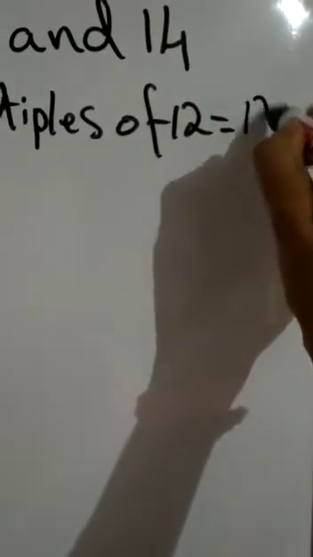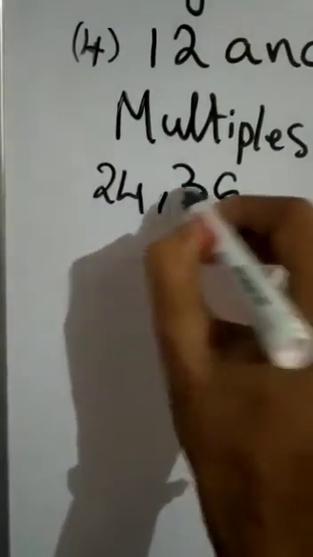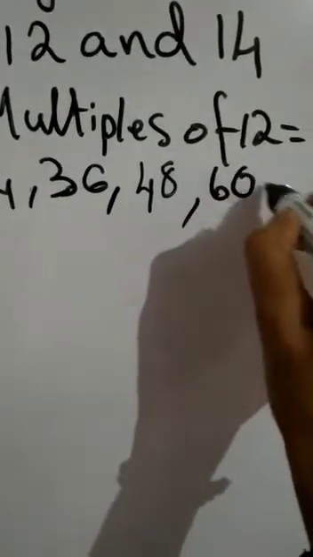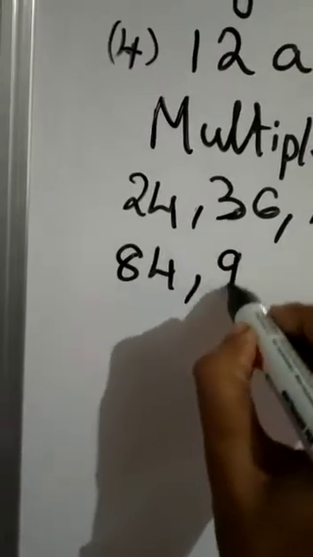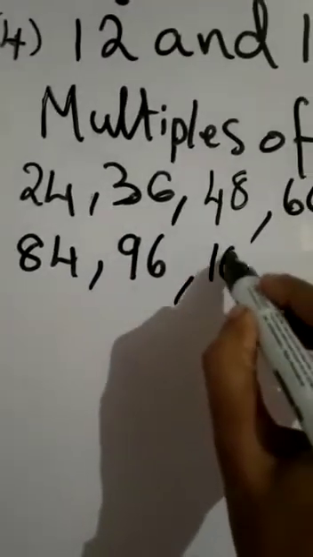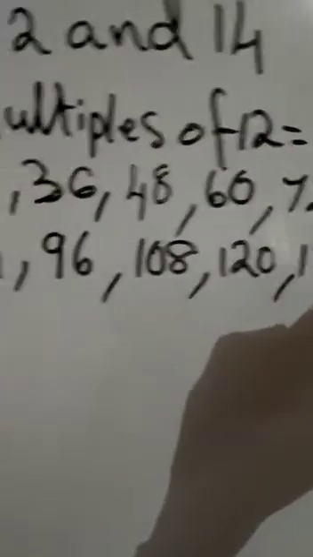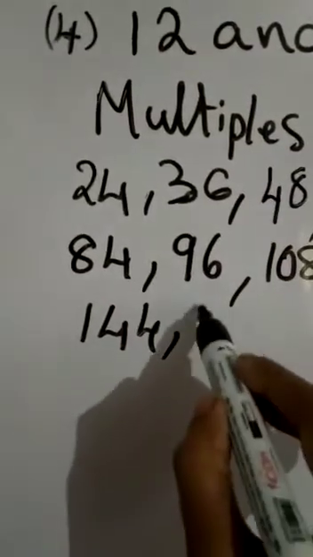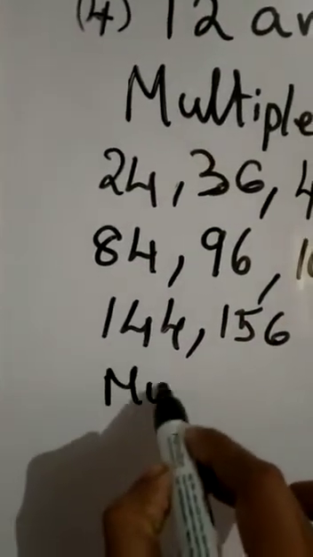They are 12, 24, 36, 48, 60, 72, 84, 96, 108, 120, 132, 144, 156, it goes on.